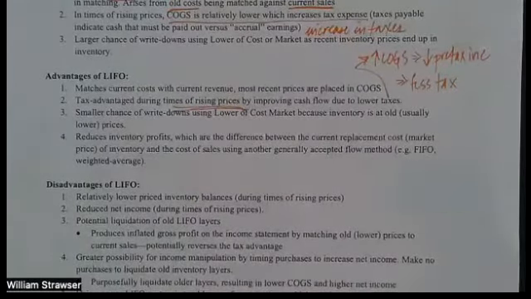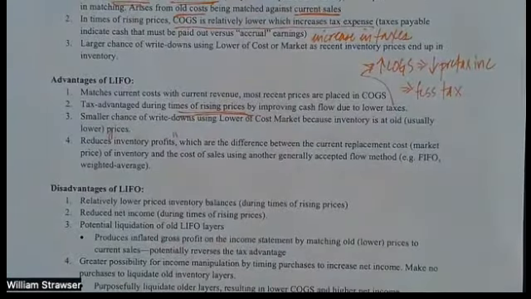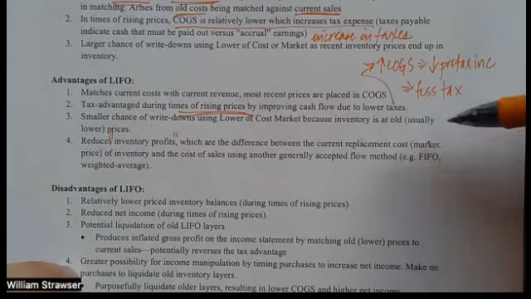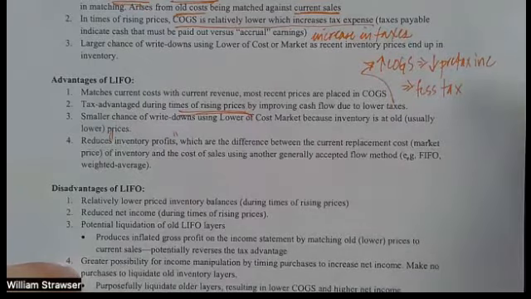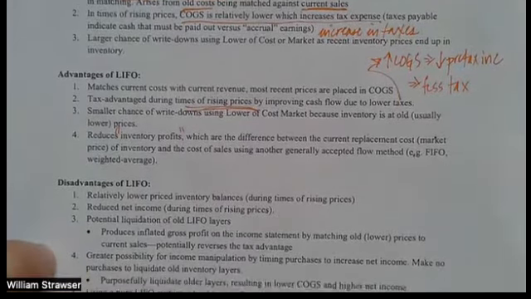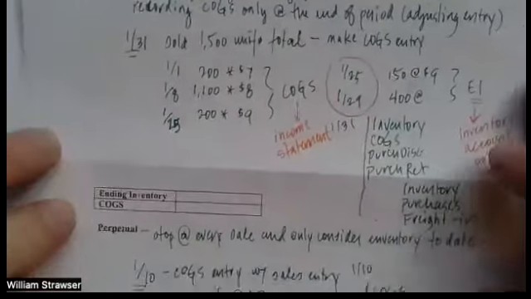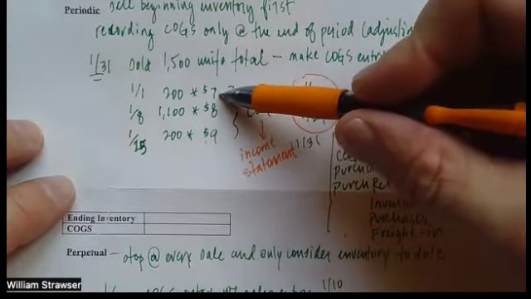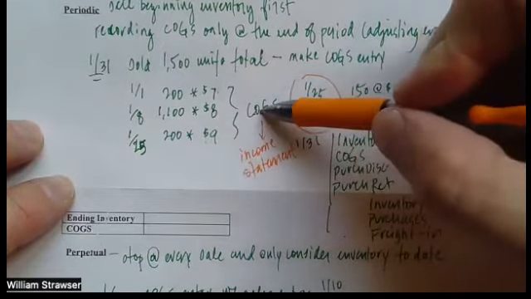And it reduces something called inventory profits. Inventory profits are the difference between what I would have to replace my inventory at now and the inventory cost that I'm using because of a cost flow assumption method. So for example, in FIFO, it has a large inventory cost because I'm throwing $7 assumed priced goods in my cost of goods sold, $8 goods, $9 goods.